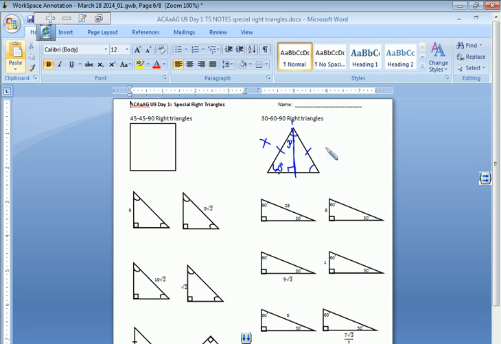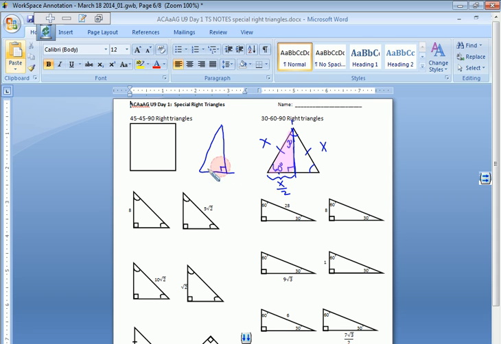So if I had originally called all these sides x, what would this little side be now? Half x. Good. So now I created this one. Right here, I made a 30, 60, 90 right triangle. Okay, so I'm going to pull that part out and put it over here and make it bigger.